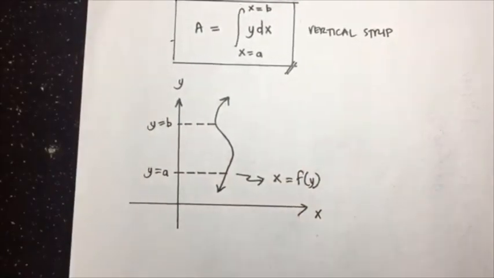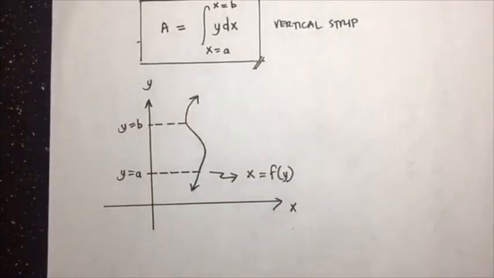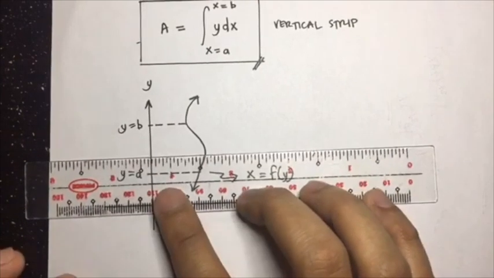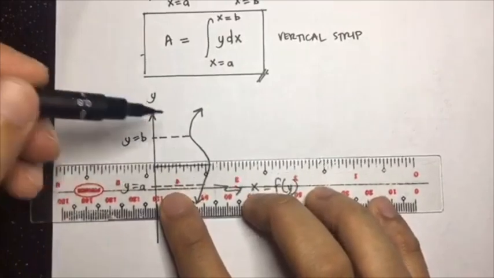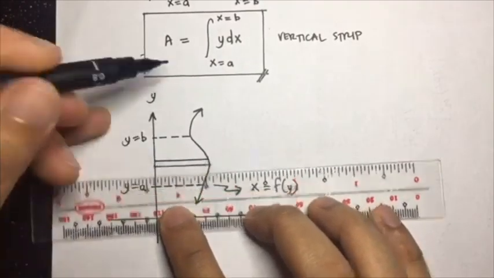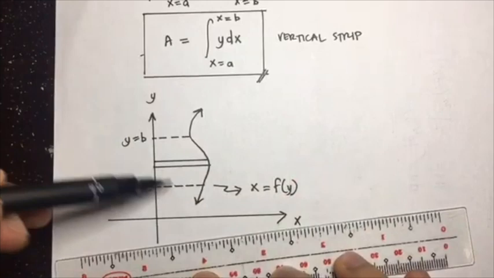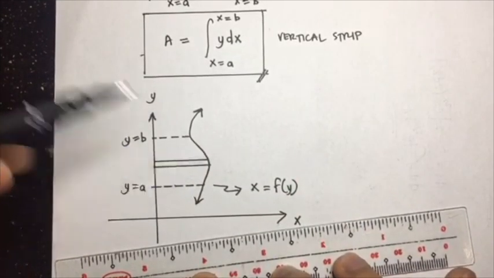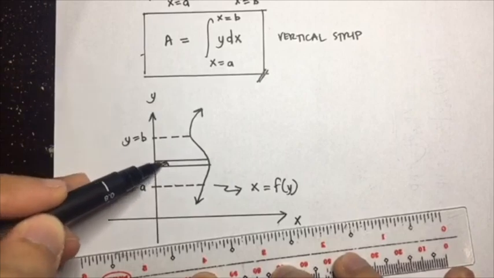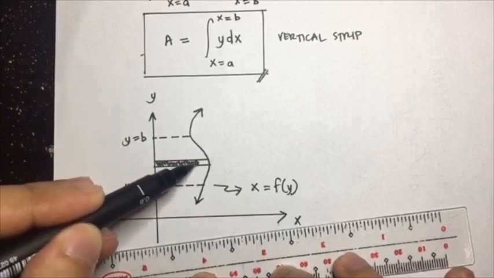We will do the same process, wherein we draw a strip that will represent the area of one strip. The concept of integration is dividing this area into very thin strips. Taking one strip, say this.